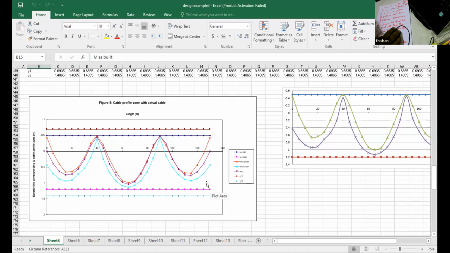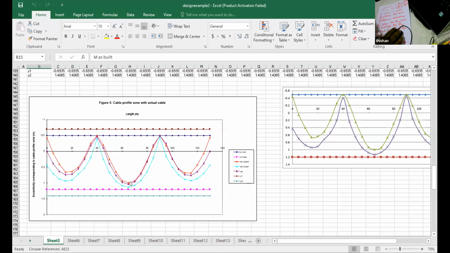And then you can see this red one, that is the upper limit on the ES profile. And you can see the light blue one, that is the lower limit on the ES profile. Lower limit. Right? Now we have to make sure we fit a cable inside that.